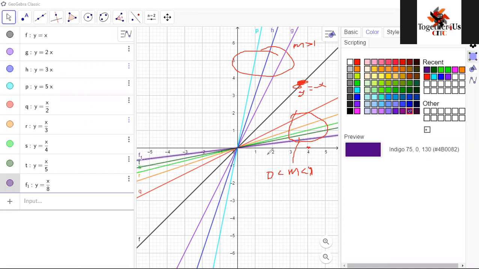But the real interpretation is the slope, that is the important part. Remember, gradient is a slope. So the slope of the line is less steep, and it is because the gradient is just between 0 and 1.